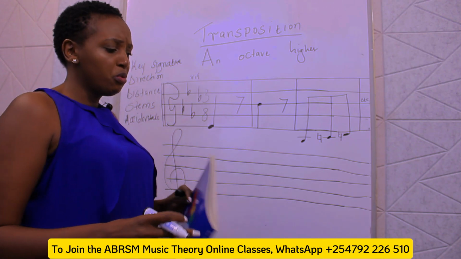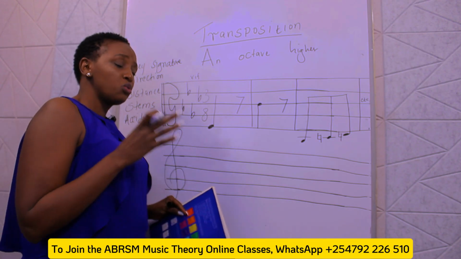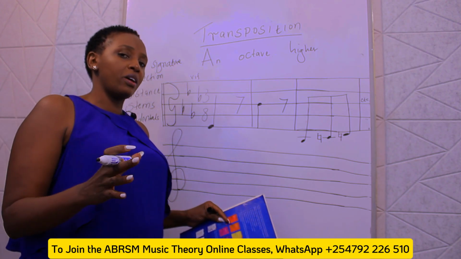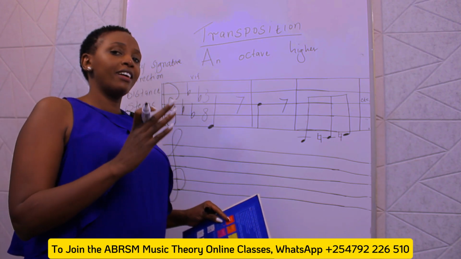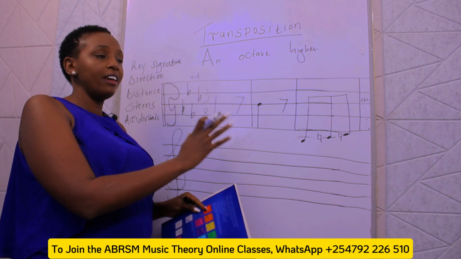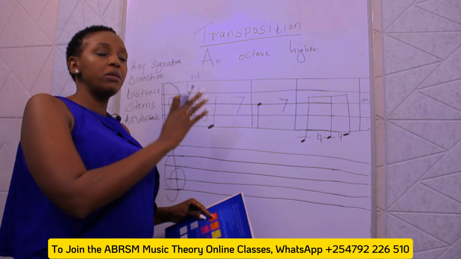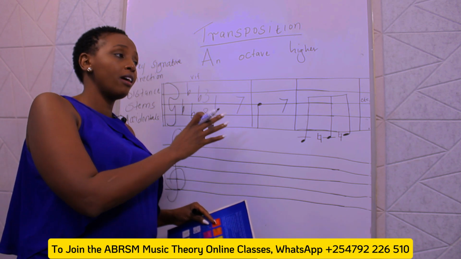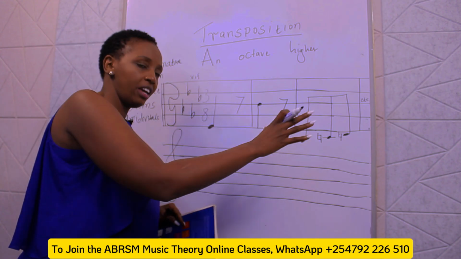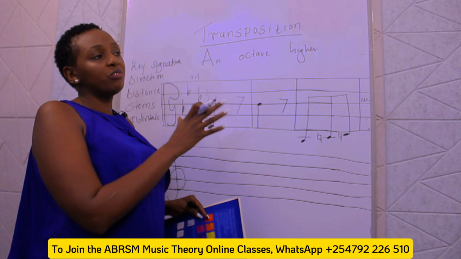An octave is when you're moving from one note to another of the same name, whether you're moving higher or lower. So if you have A and you're moving to the next A, writing the song a pitch higher but in the same key of A, then you have moved an octave higher.